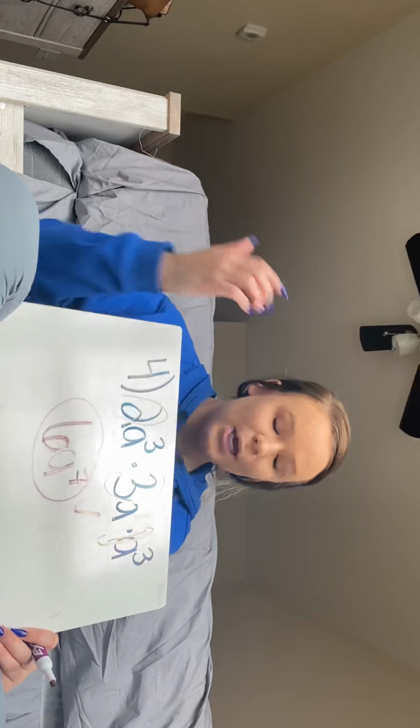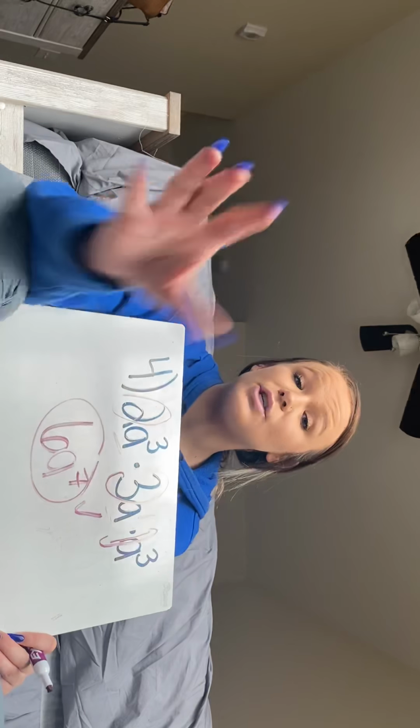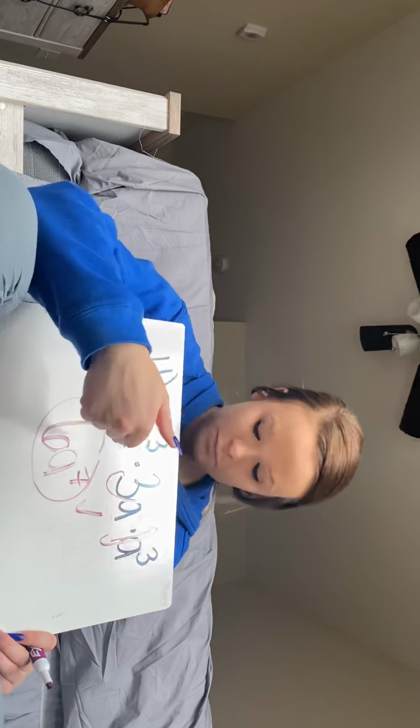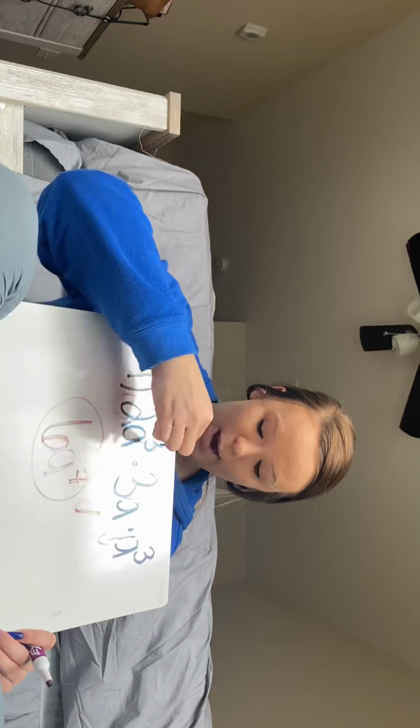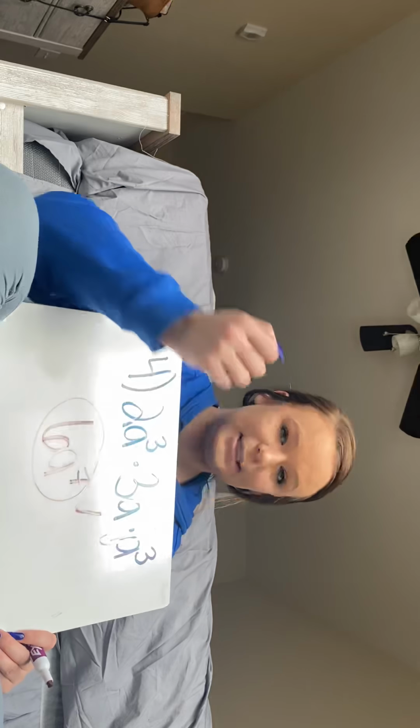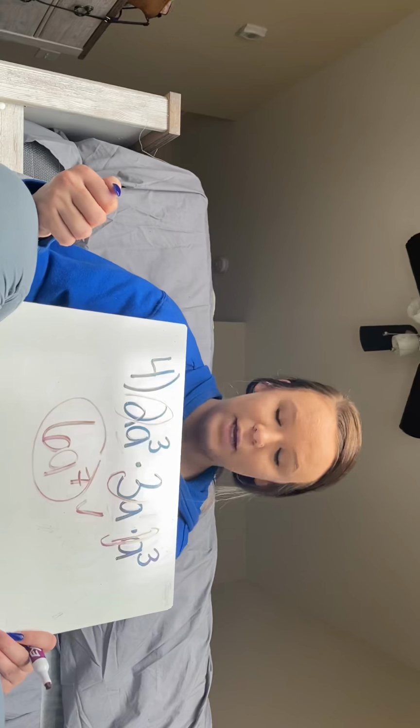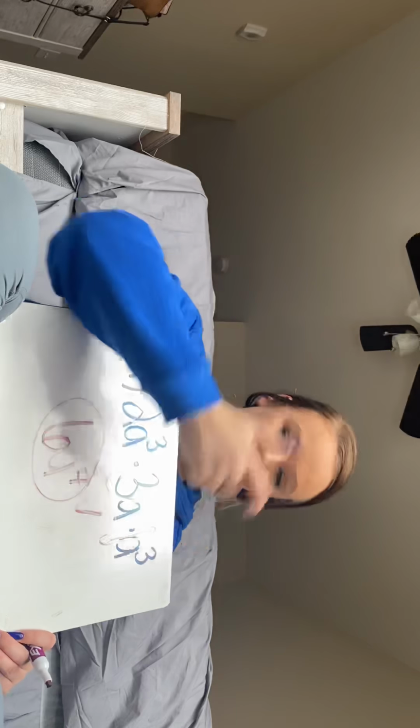That's it, you guys. So the main thing that I need you to take away, and you should have already figured this out on the discovery activity, is that when you multiply variables with exponents, you add the exponents together, not multiply. Okay, you don't do 3 times 1 times 3. No ma'am, no sir.